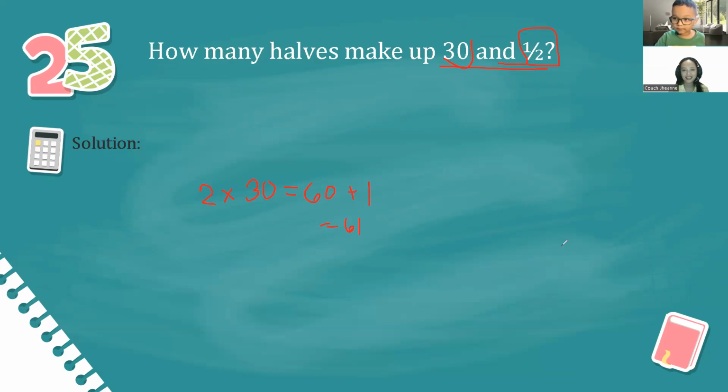Teacher? Yes? I answered 61, but it was marked wrong. Yeah, maybe it's the same problem as the previous question. There is a typo, but it has already been resolved, so it will be checked manually. Yes, the correct answer is 61.